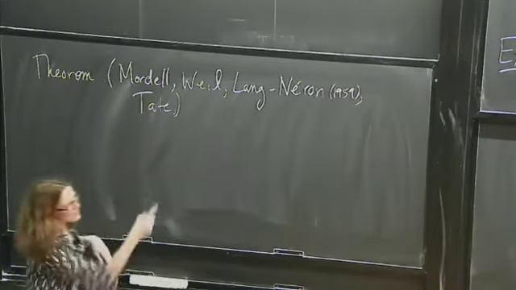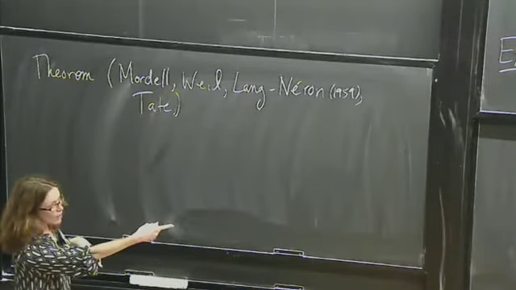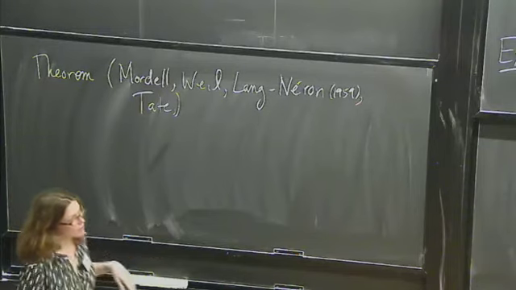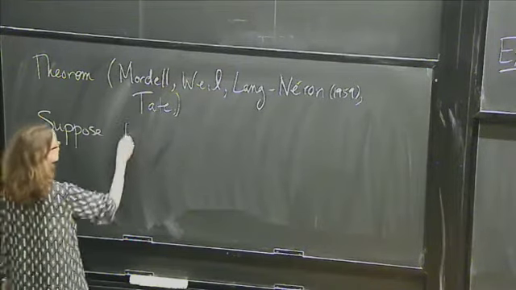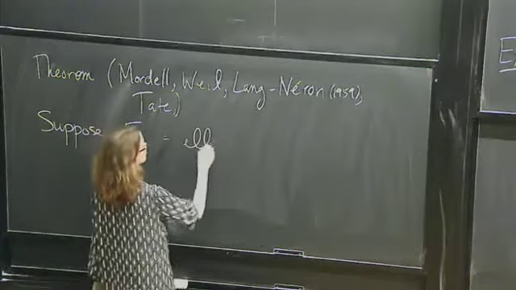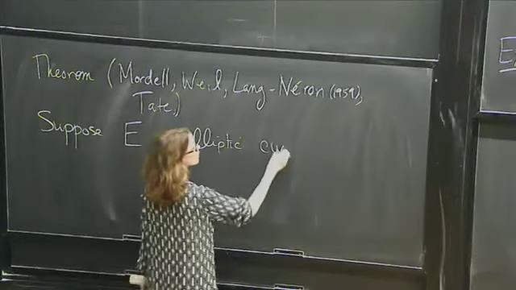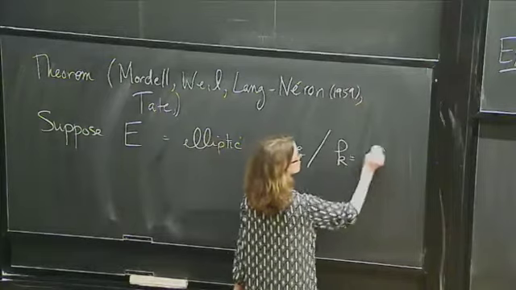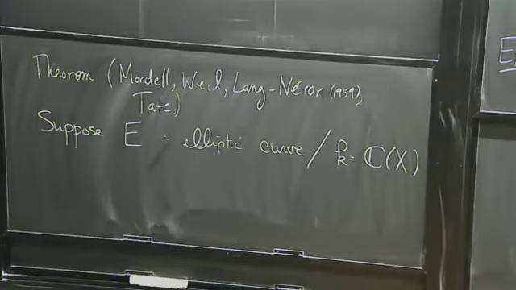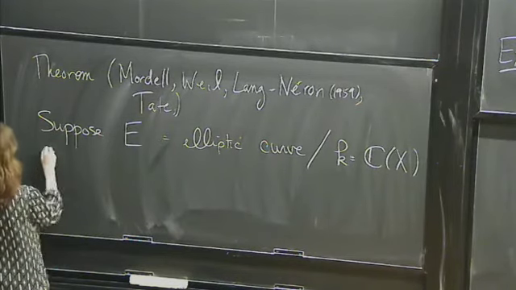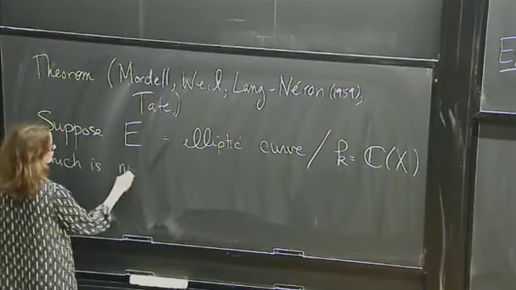But the statement is exactly the Mordell-Weil theorem for function fields such as this that I'm looking at, but with an extra hypothesis that E not be isotrivial. So suppose E is now an elliptic curve over this particular function field of my Riemann surface X, which is not what's called isotrivial.